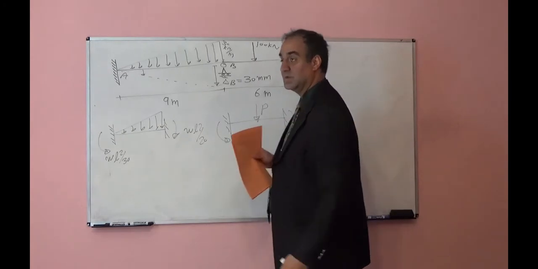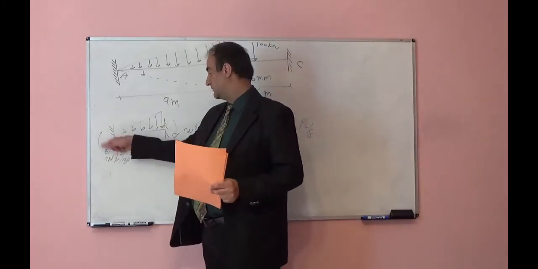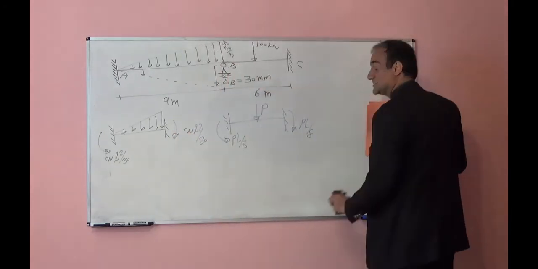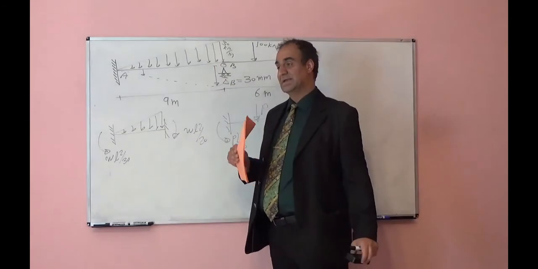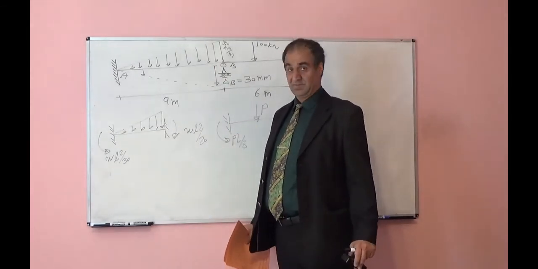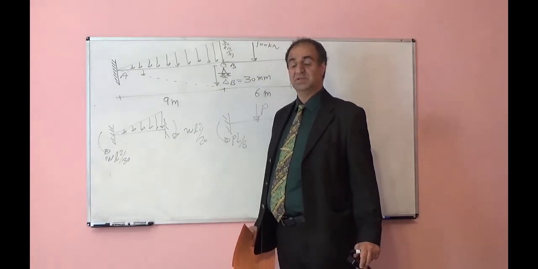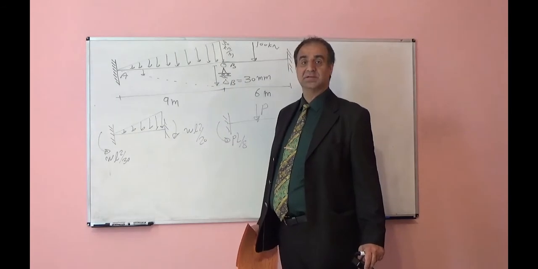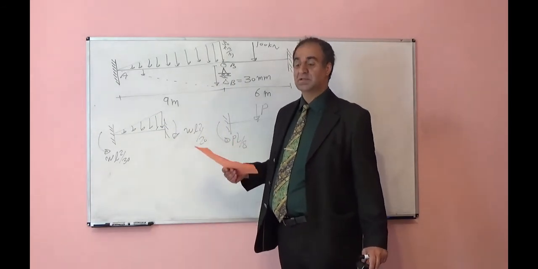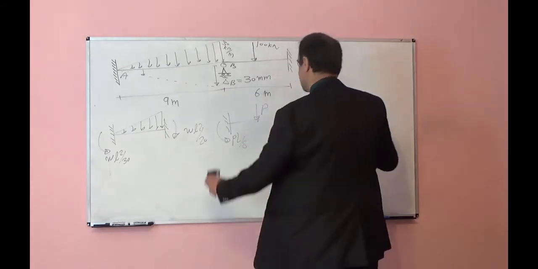And from the direction you can understand which one is positive or negative: counterclockwise positive, clockwise negative, whenever we are putting them in the slope deflection equations. But if we draw a moment diagram, we should look at which one creates tension underneath the beam, we call that positive. Which one creates compression underneath the beam, we call that negative.